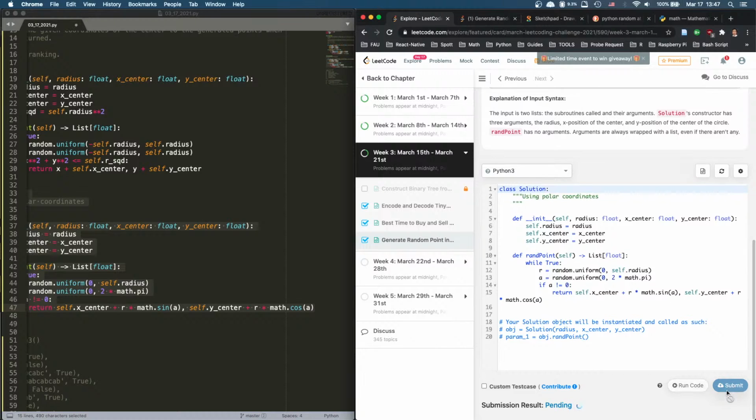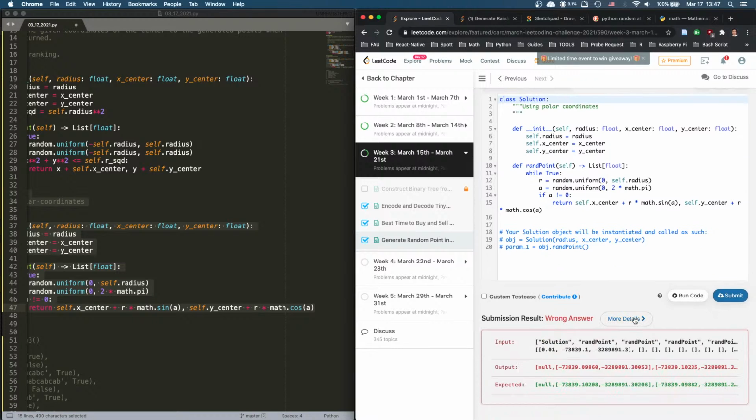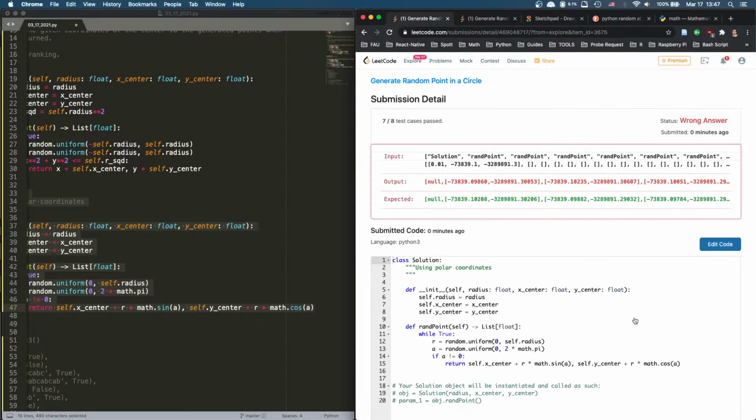And we try it again. Pending, judging. No, it still doesn't like it. Huh. This is basically saying that this does not work.